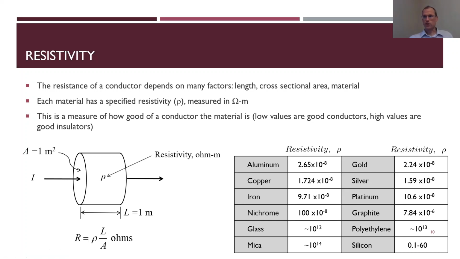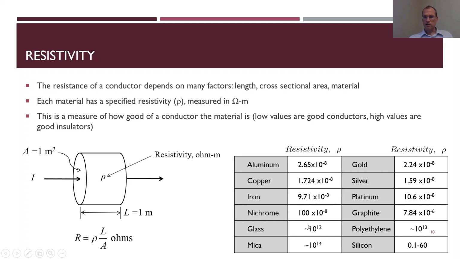As I mentioned before, this is how easy it is for those electrons to move. We saw for copper, it's very easy, which means the resistivity is really, really low. The lower the resistivity, the easier it is for the electrons to move, the better this material is as a conductor. So copper has a very low value, iron, silver, platinum, all very low values. Generally metals have very low values.